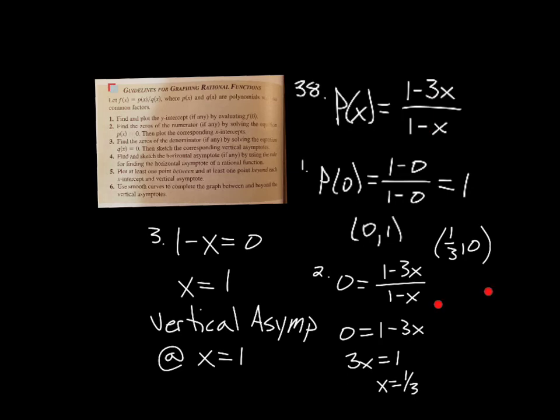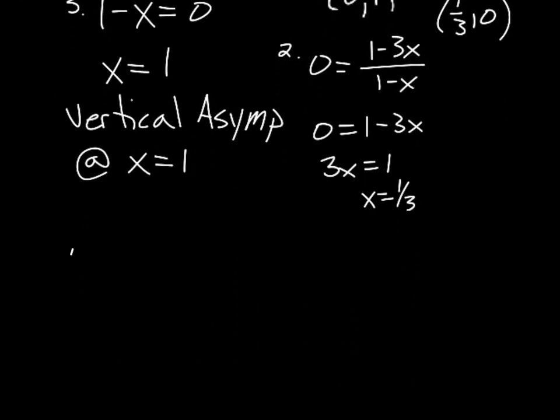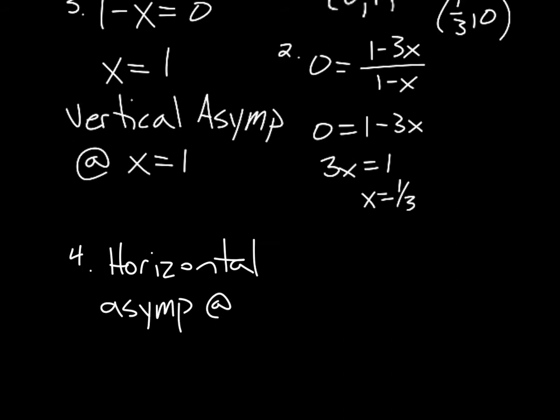So we have a horizontal asymptote at y equals 3.